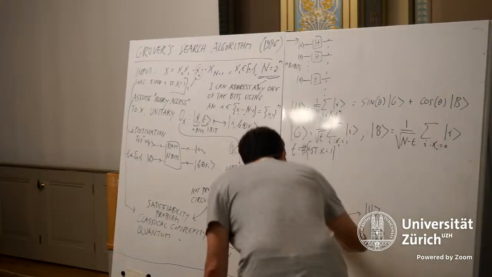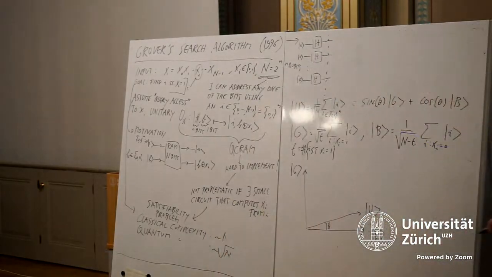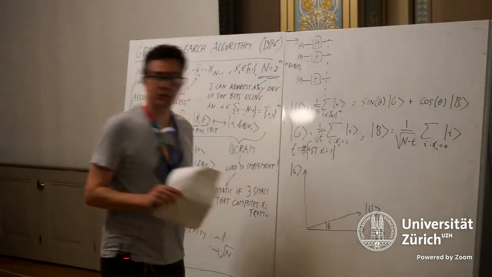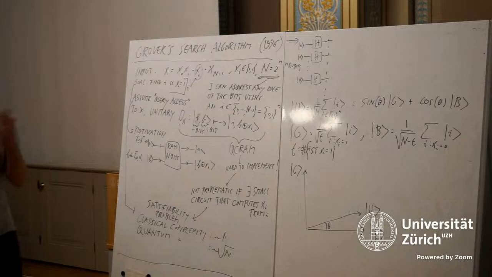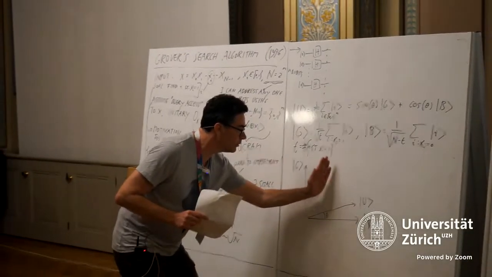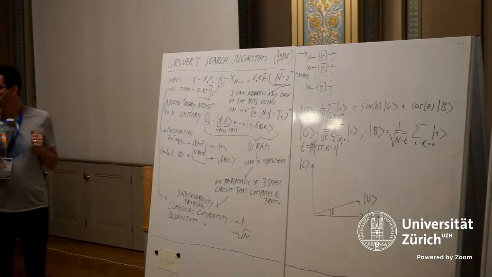And theta is this angle here. So this is our starting point. We have an initial state that's very close to the bad state, and we would somehow like to move it towards the good state. And this is what Grover's algorithm does in roughly square root of capital N many steps. It's going to move this state slowly, slowly towards the good state by increasing the angle theta step by step.